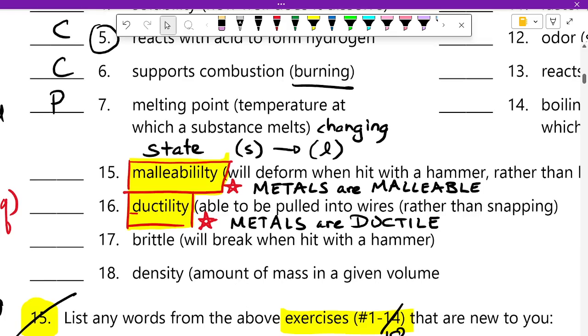Now, we didn't actually write down whether these are chemical or physical. If you hit something with a hammer and it changes its shape, is that a chemical change or a physical change? Physical. If you pull something and it goes into a wire, is that chemical or physical? Physical.